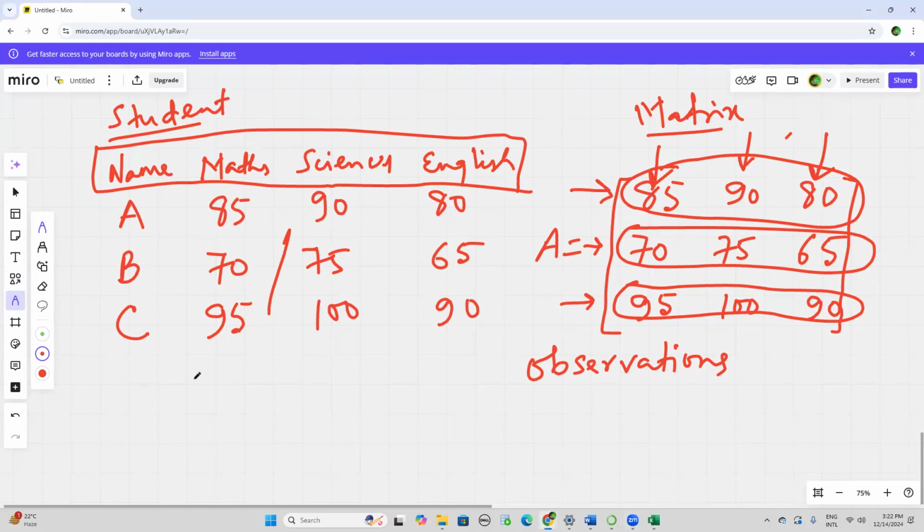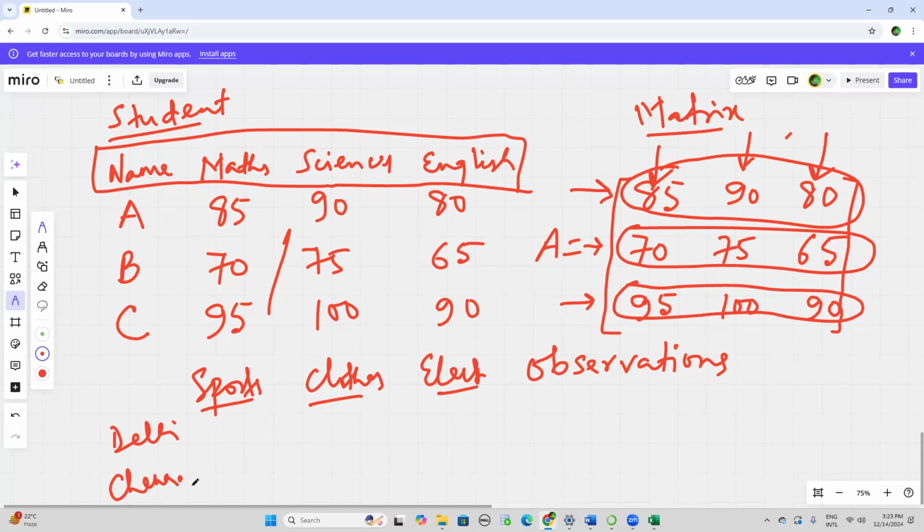Let's say this is sports, this is clothes, and this is electronics. Let's say they have different departments. And this is from Delhi, this is of Chennai. So it is 100, it is 500, it is 400, this is 300, this is 200, this is 150. Maybe these numbers are in thousands. Okay.